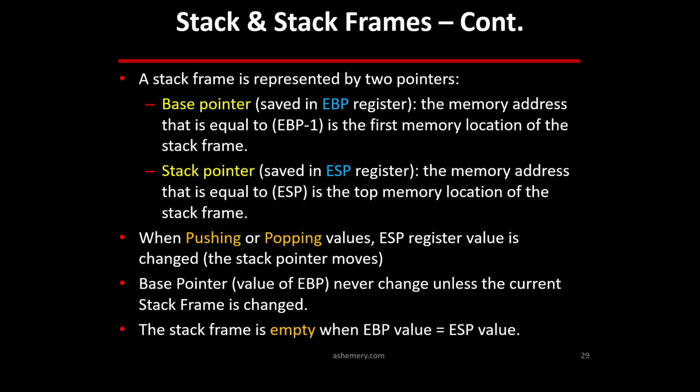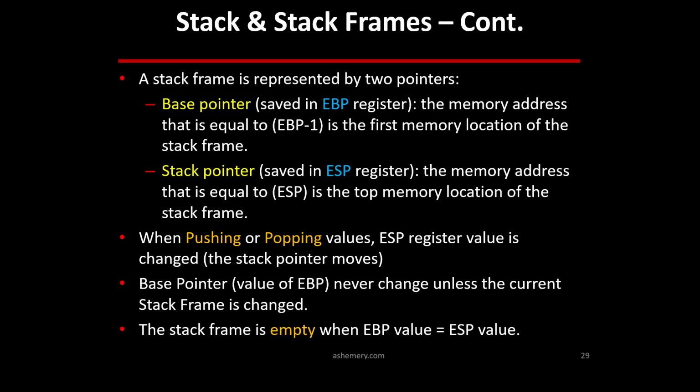Now, the stack pointer, which is the register ESP, will always be pointing to the top of the stack. So the memory address that is equal to ESP is the top memory location of the stack frame. Again, ESP will always be pointing to the top of that frame in the stack.